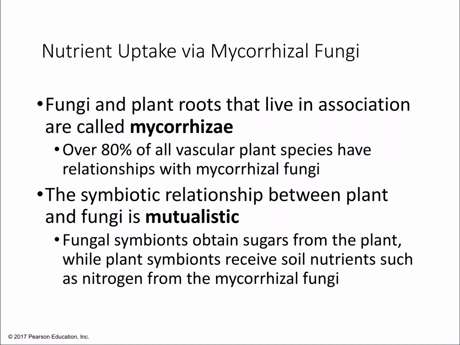One of the major evolutionary adaptations that helps this process along involves the association between mycorrhizae and plants. Fungi and plant roots live in this really amazing association, and over 80% of all vascular plant species have some degree of mycorrhizae.